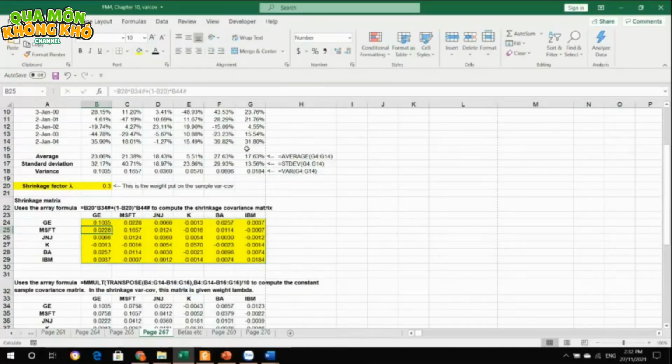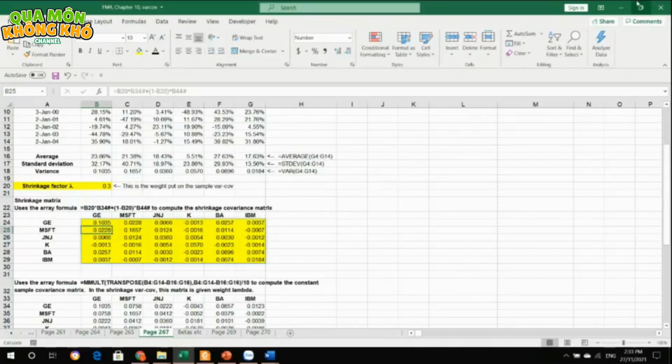So you can easily calculate the optimized portfolio in reality. So we will talk about it again when we go to chapter 13.